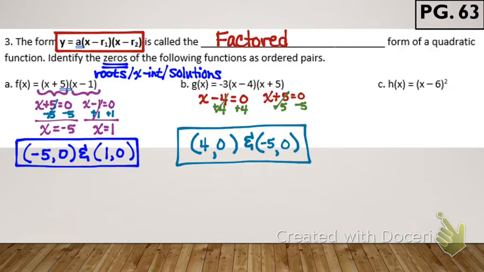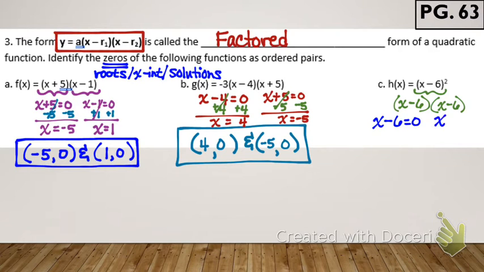Multiply it by itself, so it means we really have it twice, right? So this idea right here means that I have x minus 6, and I have another x minus 6. When I take these and set them equal to 0, they're going to give me the same answers, right?